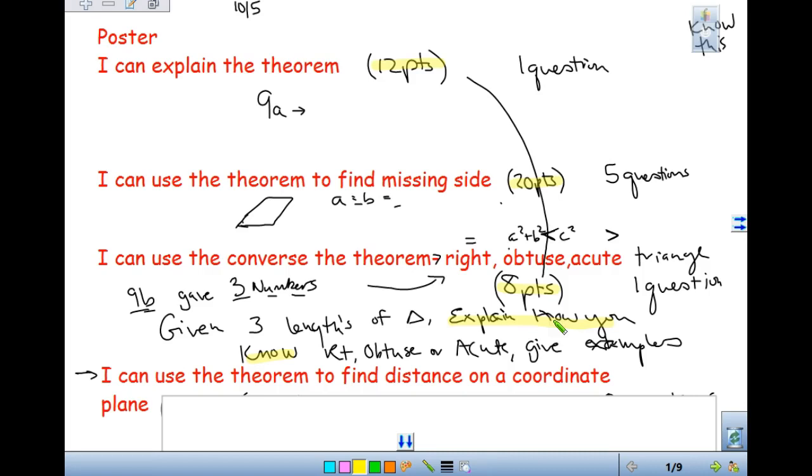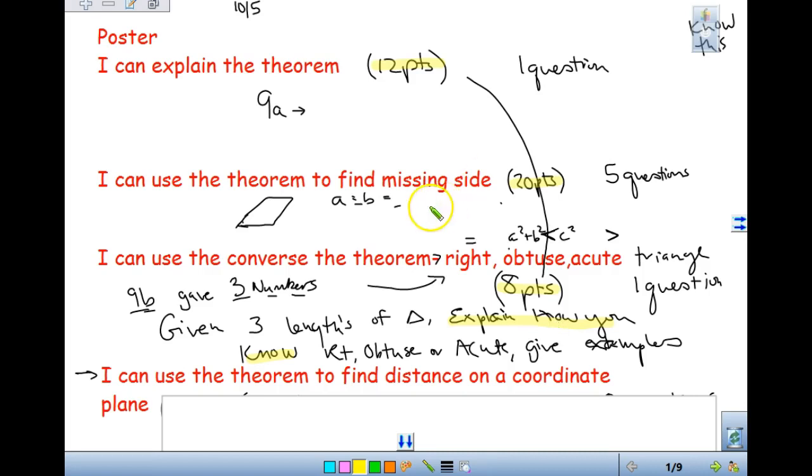So when you look at this 9B that we were looking at, I am not going to give you 3 numbers and say, is it right? Is it obtuse? Or is it acute, like on 9B? The problem's just going to say, if you have 3 lengths of a triangle, how do you know if it's right, obtuse, or acute? And so you're going to write me a sentence saying something like, well, I know if a squared plus b squared is equal to c squared, it's a right triangle.